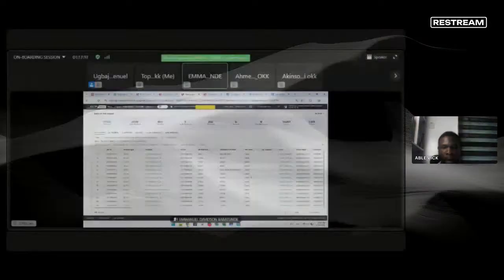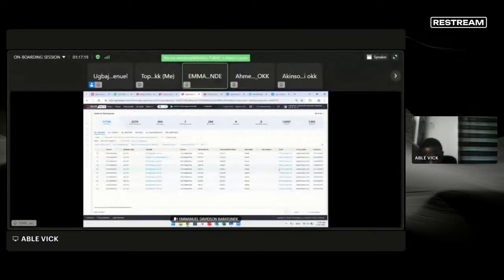To open a site, a typical site that has enough information that we can use.